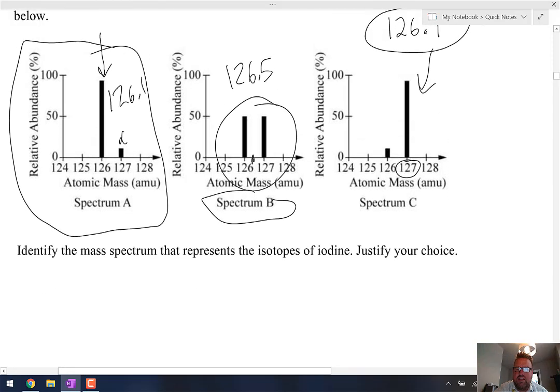Okay, so in this case, I would answer spectrum C, and then I have to justify my choice. If I just write spectrum C, they're not going to give me credit.